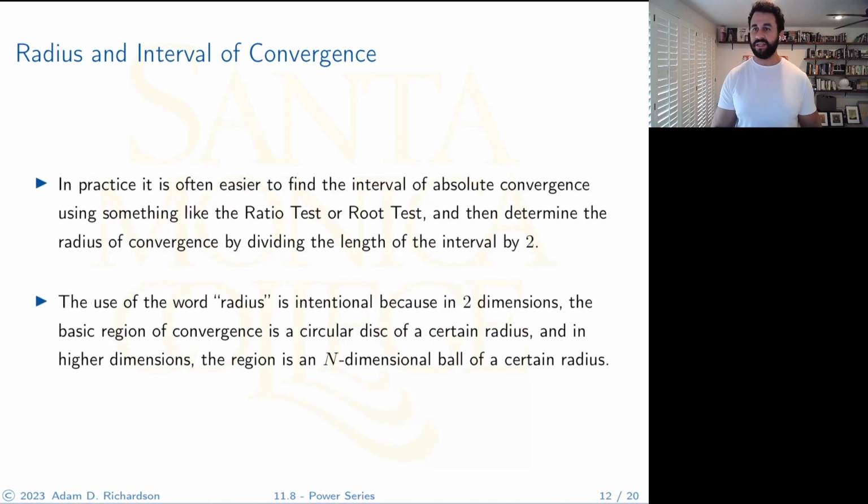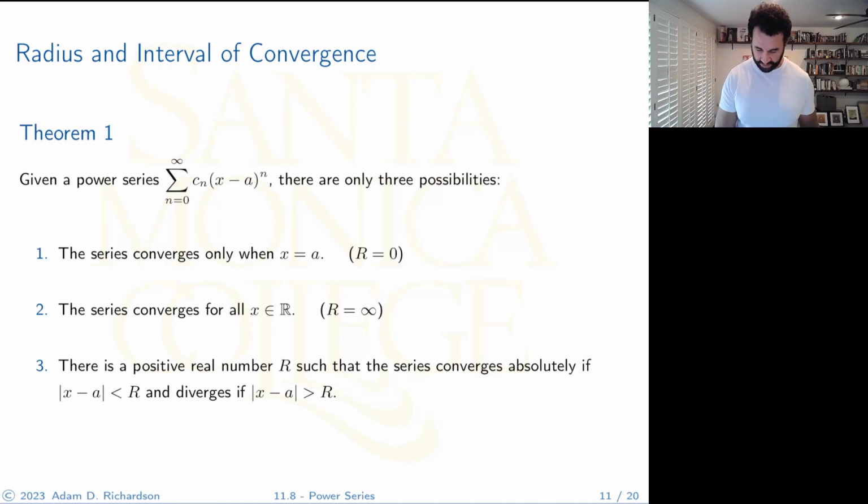What I'd like to tell students is this. In practice, especially in this class, it is often easier to find the interval of absolute convergence using something like the ratio test or the root test. It's easier to do that first and then determine the radius by just dividing the length of the interval by 2. So let me go back a couple slides to that example.